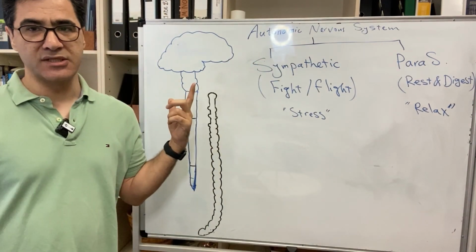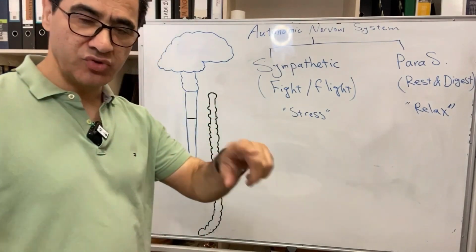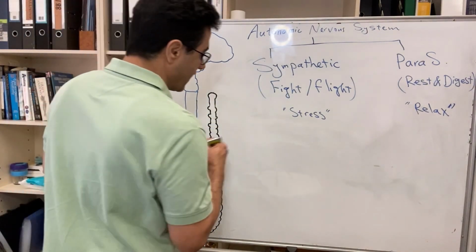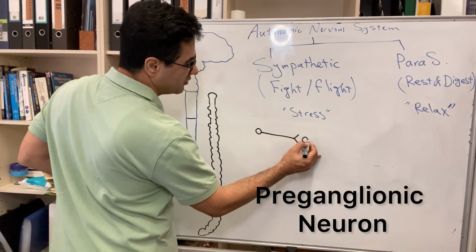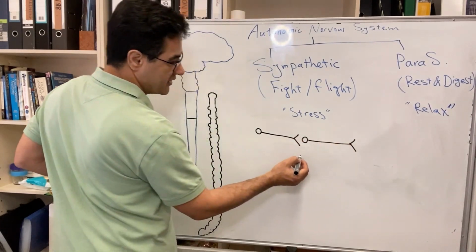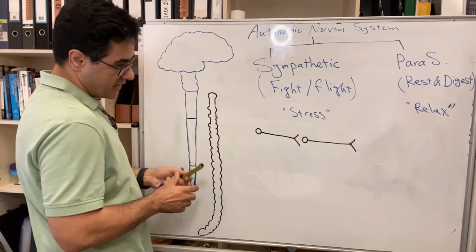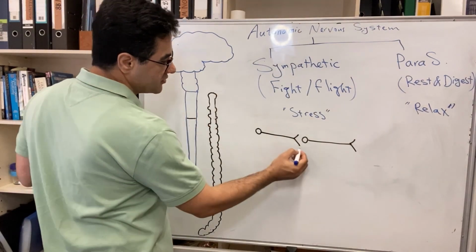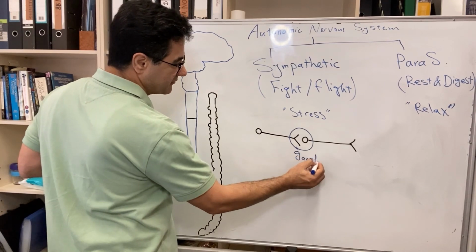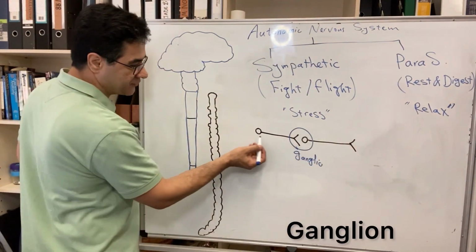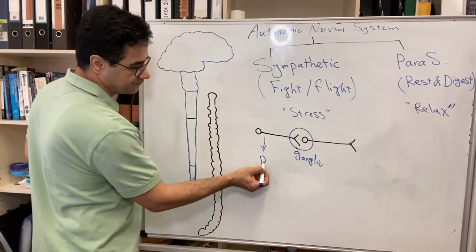Sympathetic neurons are comprised of two neurons. So we have preganglionic and postganglionic neurons. They synapse in the ganglion.